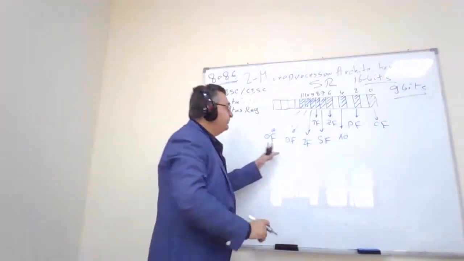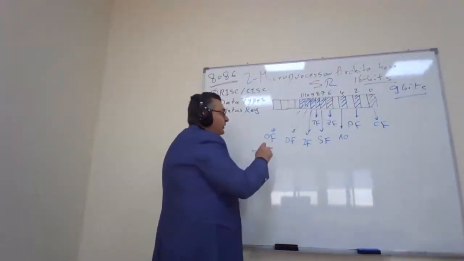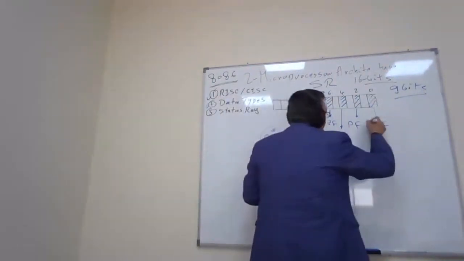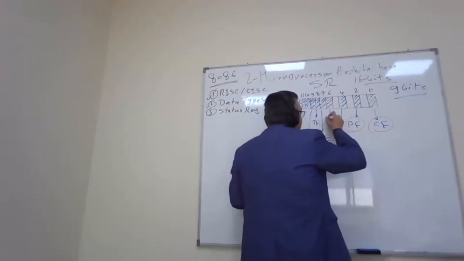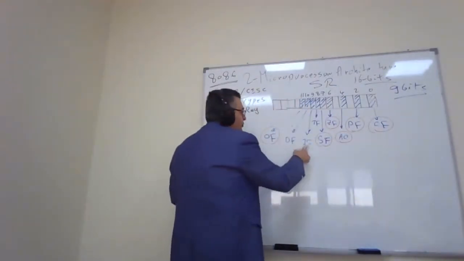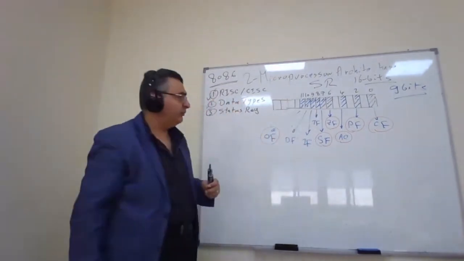Okay, fine. Now, we will only deal with those: overflow, parity, zero, auxiliary, sign. Those three we will defer right now.